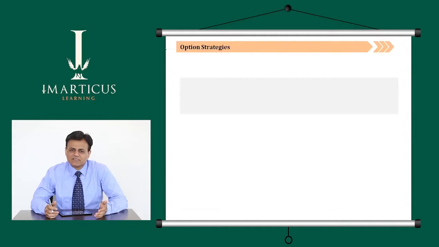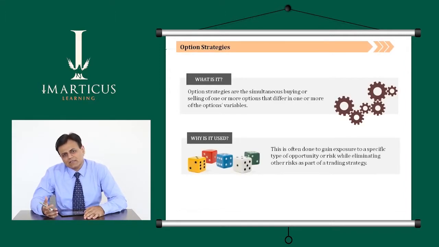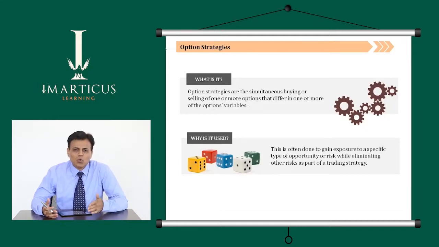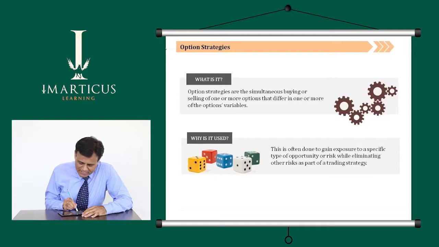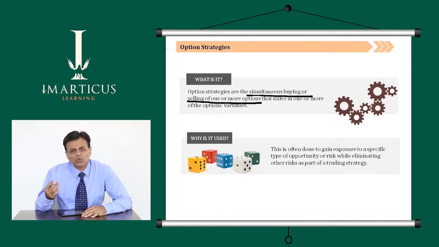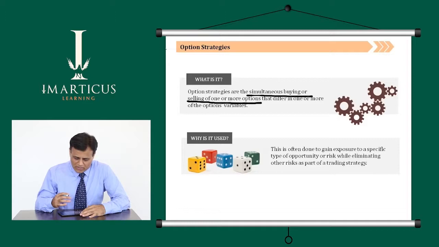So option strategies are nothing but simultaneous buying and selling of options that differ in one or more option variables. Let's break this up. Option strategies are simultaneous buying or selling of one or more options, which means you either buy a call or sell a call, buy a put or sell a put.